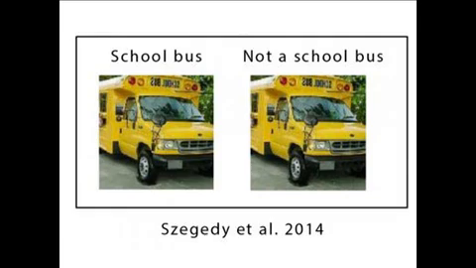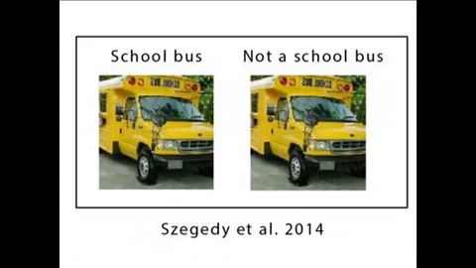And there's a cottage industry of producing papers in journals that fool neural nets. So in this case, a very small number of pixels have been changed. You don't see the difference, but it's enough to take this particular neural net from a high confidence that it's looking at a school bus to thinking that it's not a school bus.